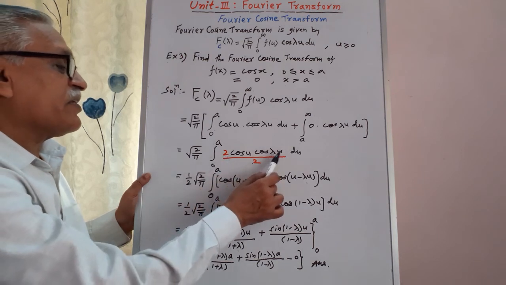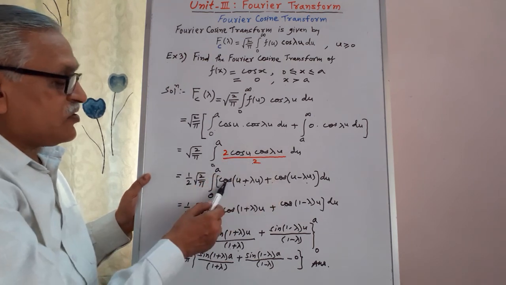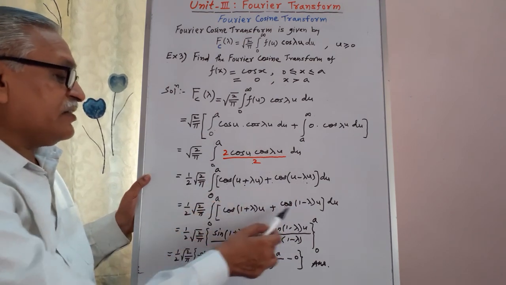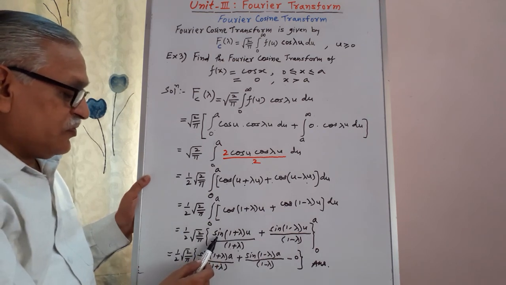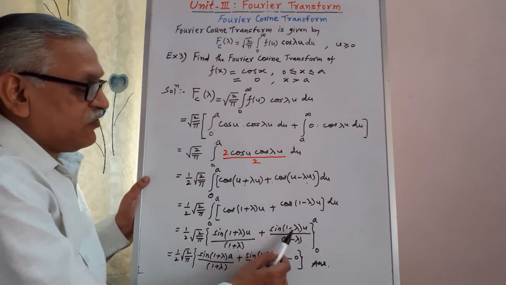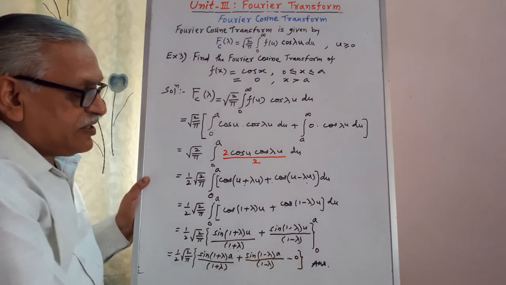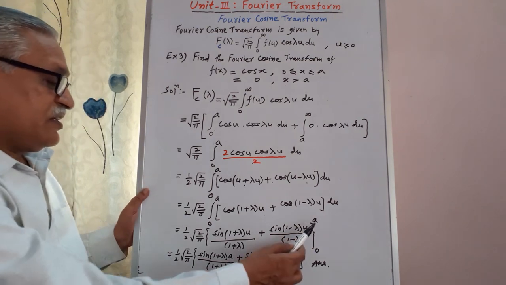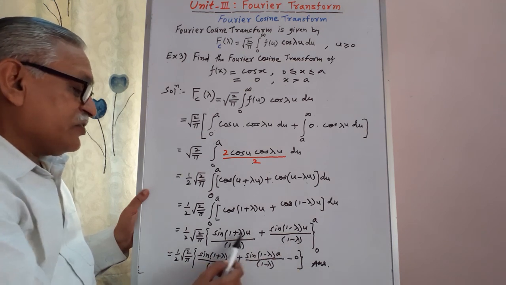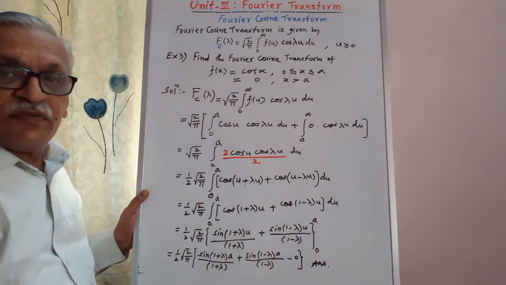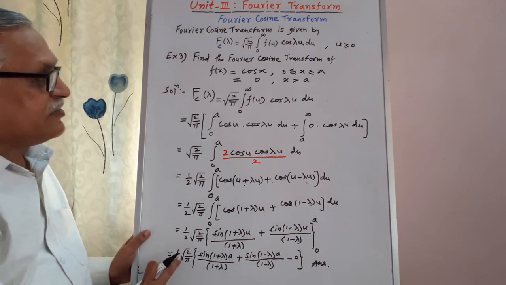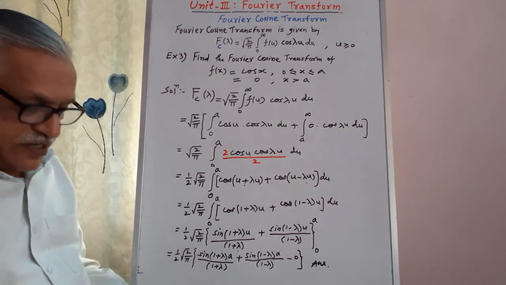Applying the standard trigonometric formula 2 cos A cos B as cos A plus B plus cos A minus B, integrating each term with respect to u, we get sine 1 plus lambda times u divided by 1 plus lambda, sine 1 minus lambda times u divided by 1 minus lambda, and limit from 0 to a, substituting the upper limit and the lower limit as sine 0, 0, for the lower limit it becomes 0, and whatever the last step we have, that is the required Fourier cosine transform.